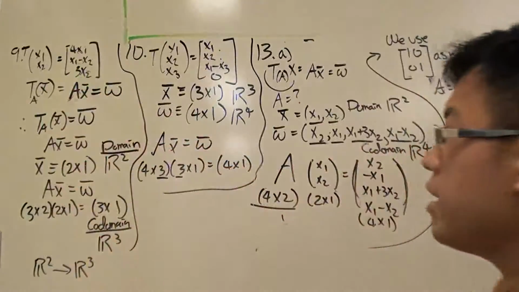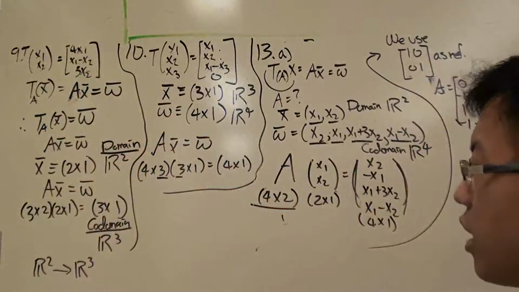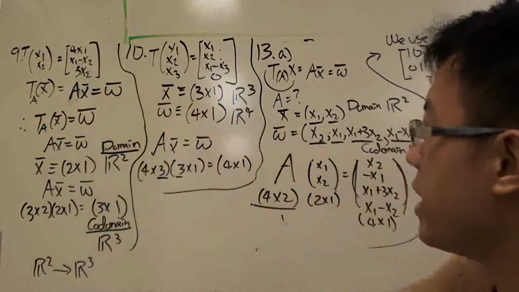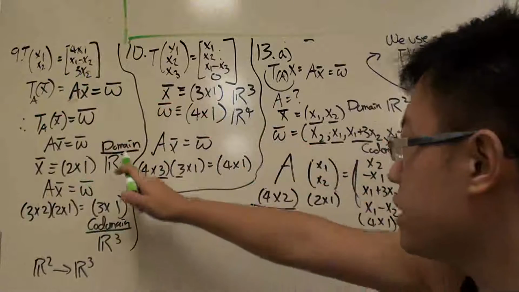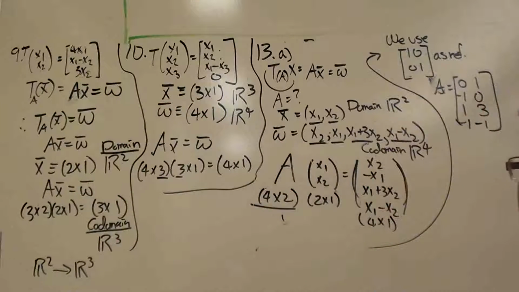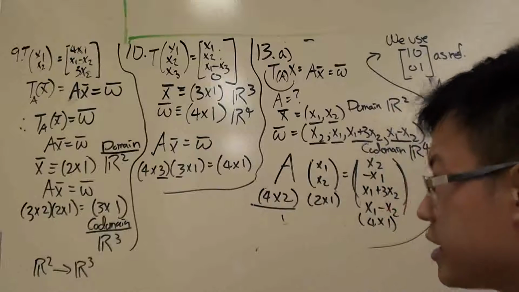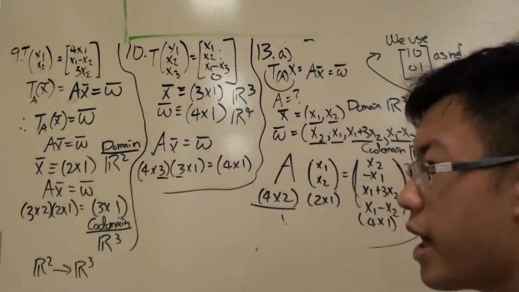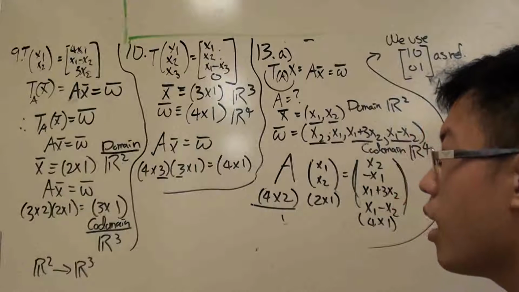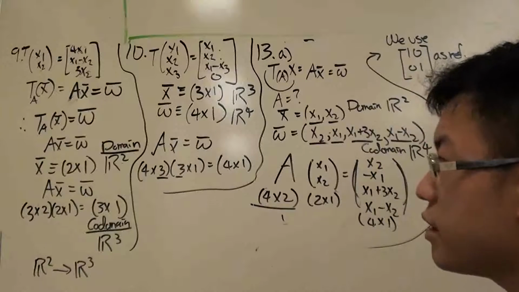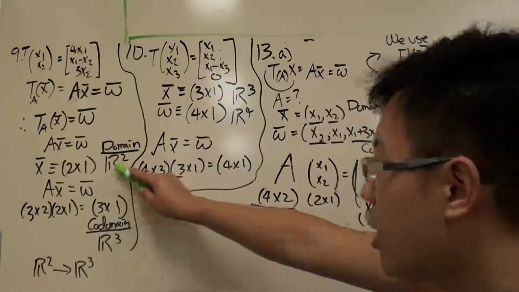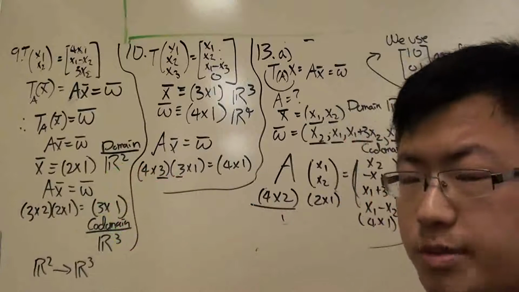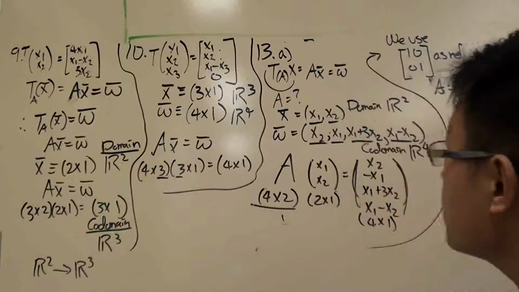So the input domain is going to be R2, and the output domain is going to be R3, as shown here. And if there's ever a question about, tell me what kind of transformation it is, then you could just say, well, input is x vector, and output is w vector, and so basically it starts from R2 to R3. So from 2 dimensions to 3 dimensions. That's all there is, right?